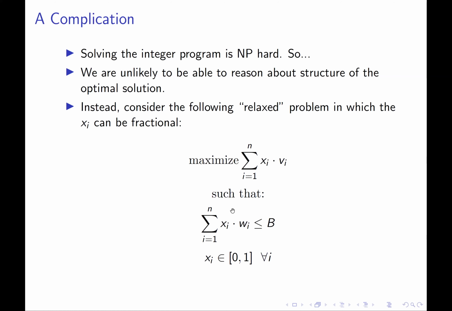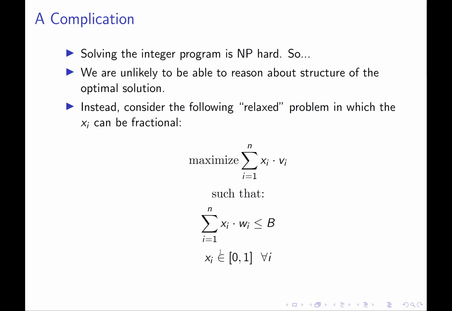Okay, so this maybe seems like there's some sleight of hand going on here. All of a sudden, I'm talking about a different problem which seems different in only a very subtle way. The only difference is the xi's are no longer required to be integer valued.